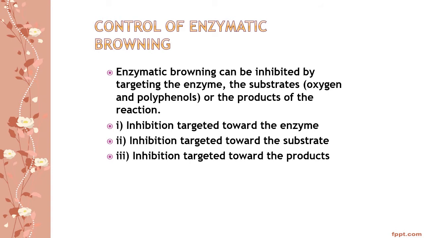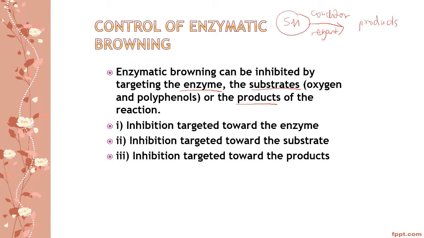How do we control enzymatic browning? Enzymatic browning can be inhibited by targeting the enzyme, the substrate, or the product. Every reaction has a starting material, then a condition or reagent, and then the product.